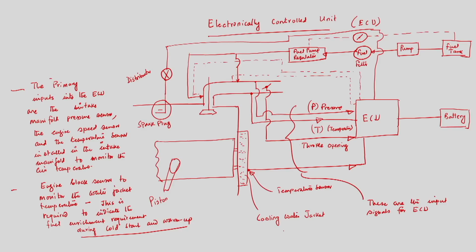That is again sensed by the ECU. The ECU receives signals and, based on those signals, provides signals to the fuel injector on the amount of fuel to be supplied at that condition, to have better fuel economy and efficient combustion.